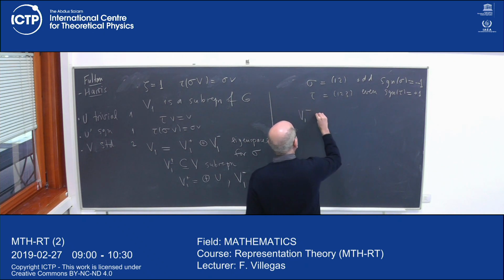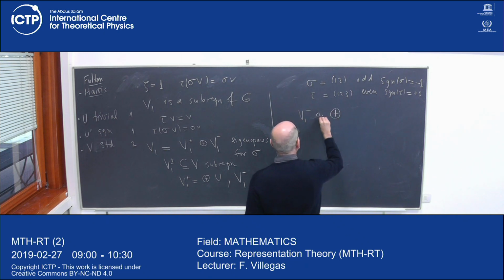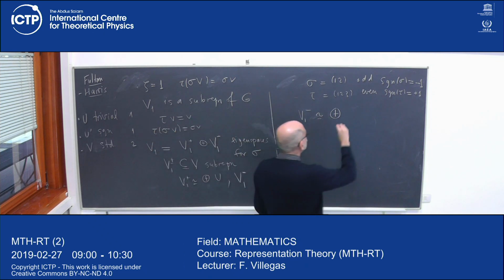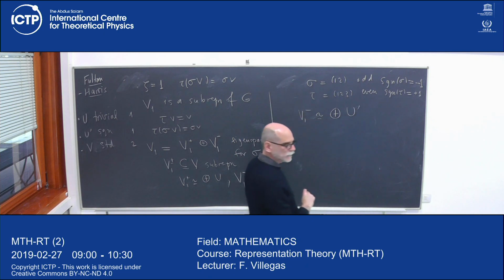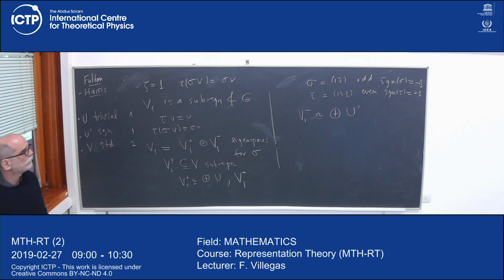So V1 minus is a direct sum, or rather, I should say, isomorphic, be careful, to the sign representation as many times as the dimension. And again, you can take any basis of V1 minus, and the lines spanned by these basis vectors will be lines in which tau acts by 1 and sigma acts by -1. And that's exactly isomorphic to the sign representation.